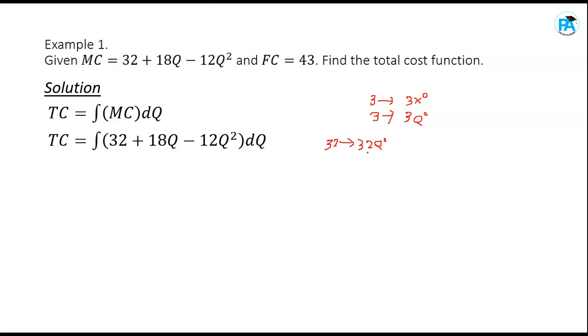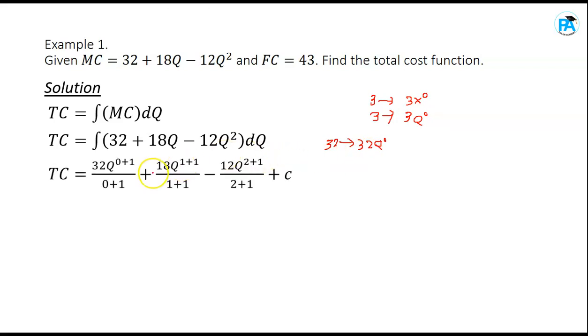To integrate this, we have 32q exponent 0. You repeat it, then you add 1 to the exponent and divide it by the new exponent, that's 0 plus 1. That's how we integrate. Then 18q exponent 1, you know 18q means 18q exponent 1.